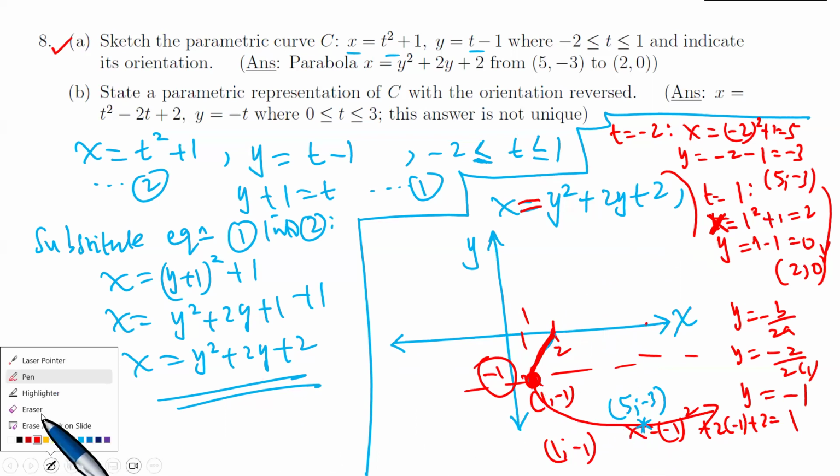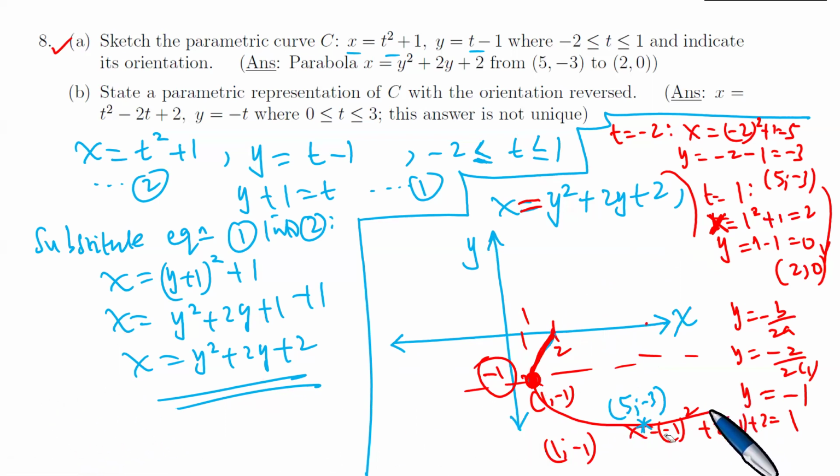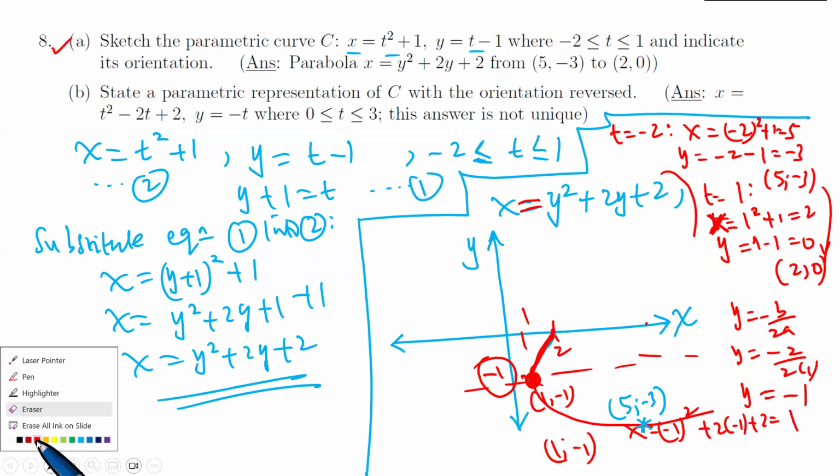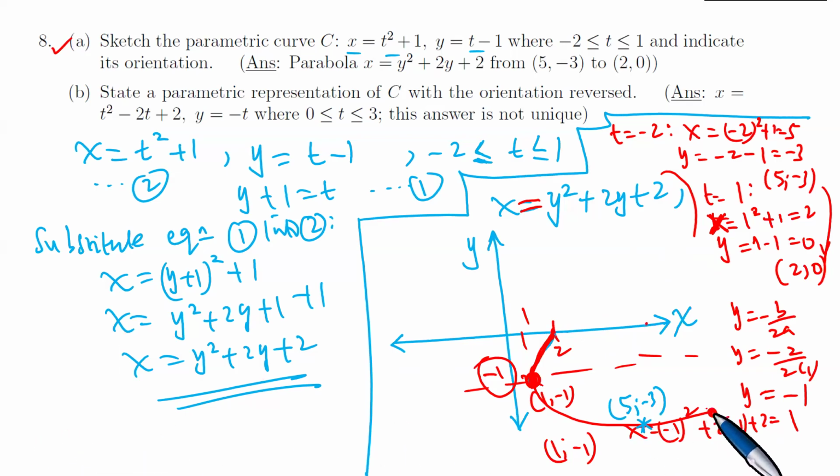So you have this. So it's going to do this. It's going to exactly do that, because at this point it's going to run from x to x is 2, y is 0.